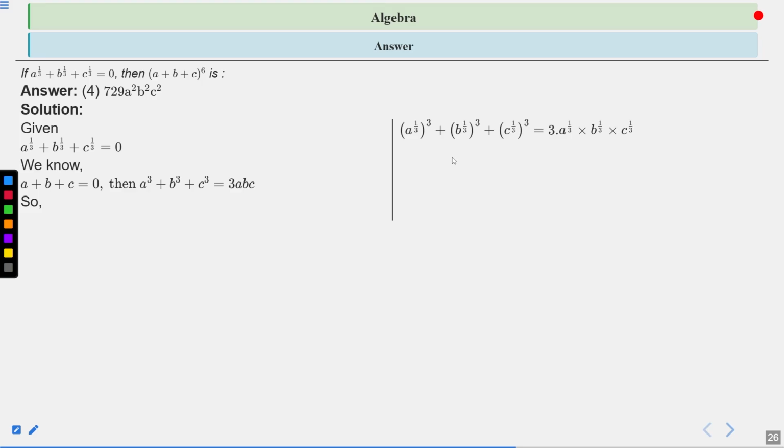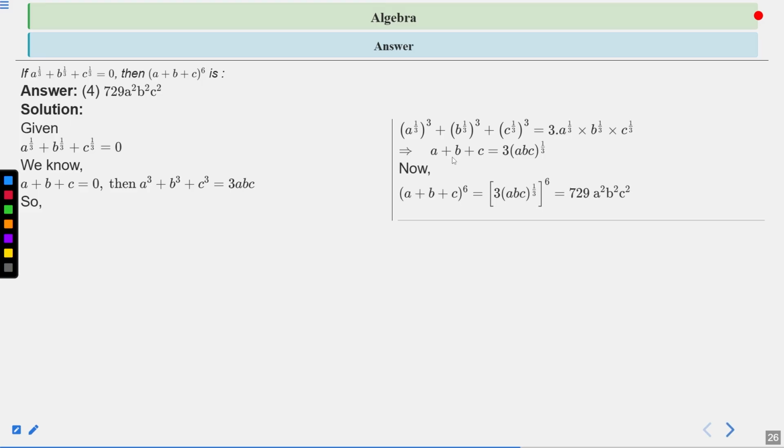So a to the power 1 by 3 whole power 3 plus b to the power 1 by 3 whole power 3 plus c to the power 1 by 3 whole power 3 is equal to 3 times a to the power 1 by 3 into b to the power 1 by 3 into c to the power 1 by 3. We can say that by using the formula. So we get a plus b plus c, which is equal to 3 times a into b into c to the whole power 1 by 3.